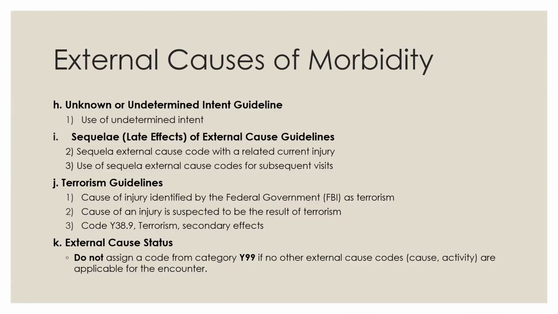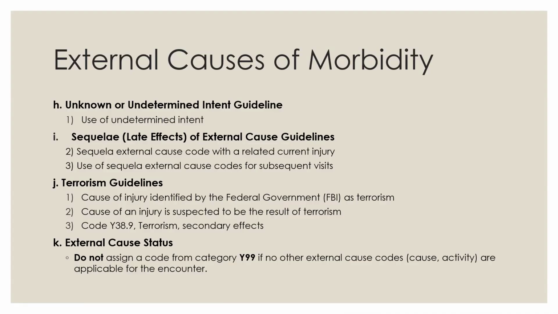Last up for this slide, we have external cause status codes. A code from category Y99 for external cause status should be assigned whenever any other external cause code is assigned for an encounter, including an activity code, except for those events noted below.